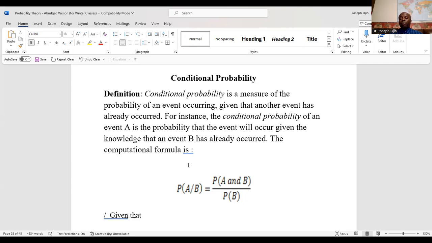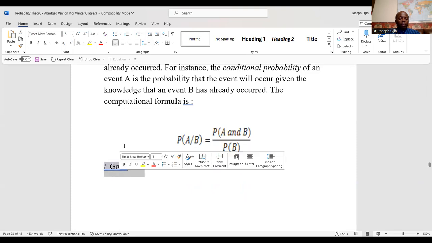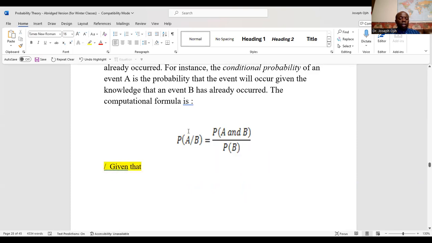The conditional probability of event A occurring, given that event B has already occurred, where B is the condition, equals P of A and B divided by P of B.